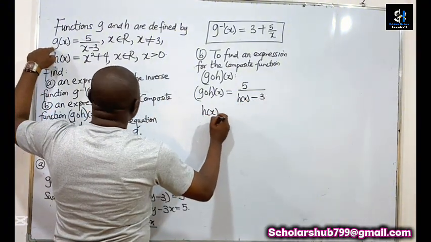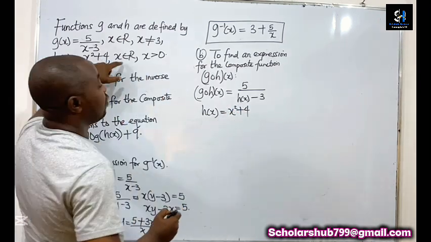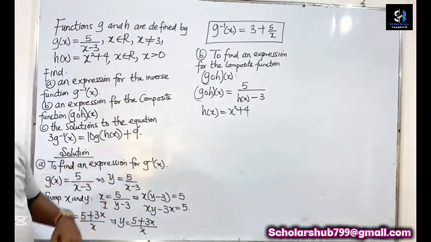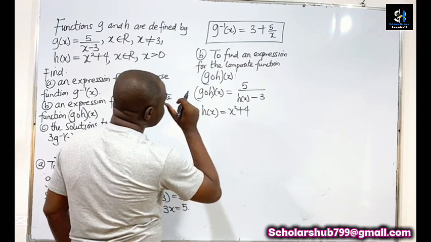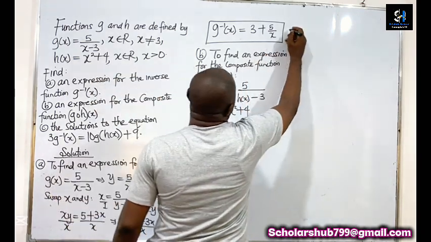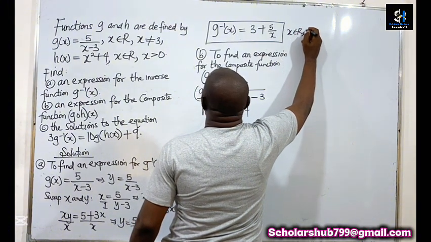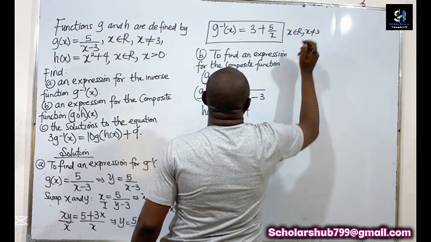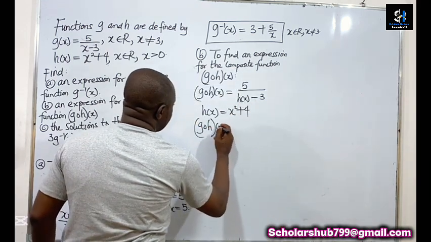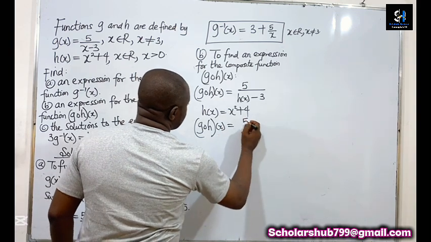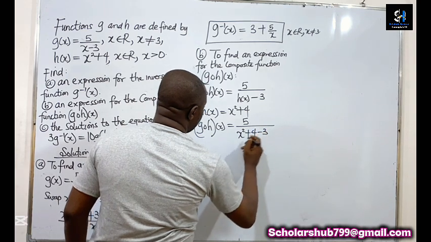And we have that h of x is equal to x squared plus 4 for all real values of x, defined for x greater than 0. So I'm going to then write the composite function gh of x to be equal to 5 over x squared plus 4 minus 3.